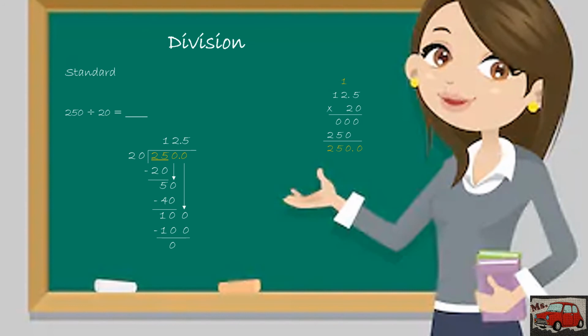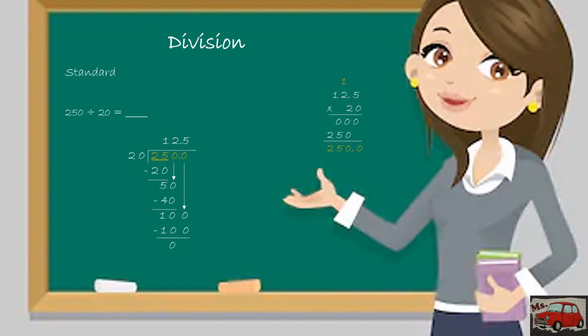Ganun din, lagyan mo rin ng decimal point dun sa tapat niya para alam mo na yung magiging susunod na number na sagot, hindi na siya whole number, kundi decimal number na. Okay? So again, 100 divided by 20 is 5. So yung 5 na yun, ilalagay mo sa tapat ng 0 na dinagdag mo. After ng decimal point. Ibig sabihin 0.5 na yun.